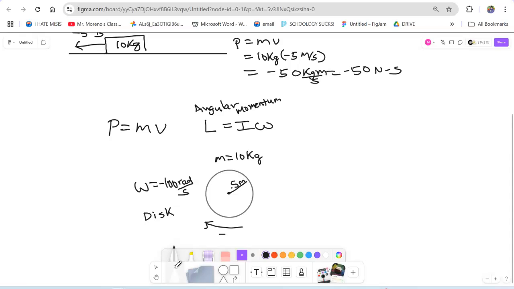And so let's calculate the angular momentum. L is going to be equal to the moment of inertia times angular velocity.